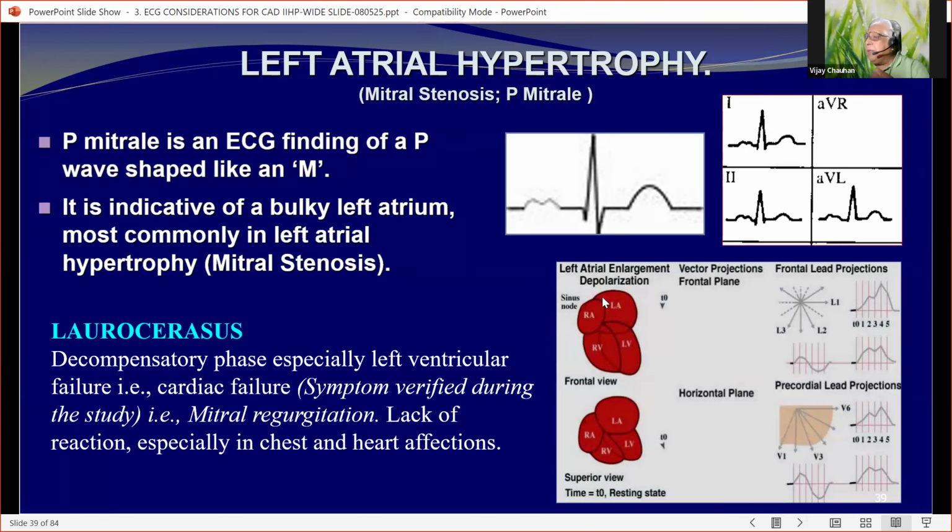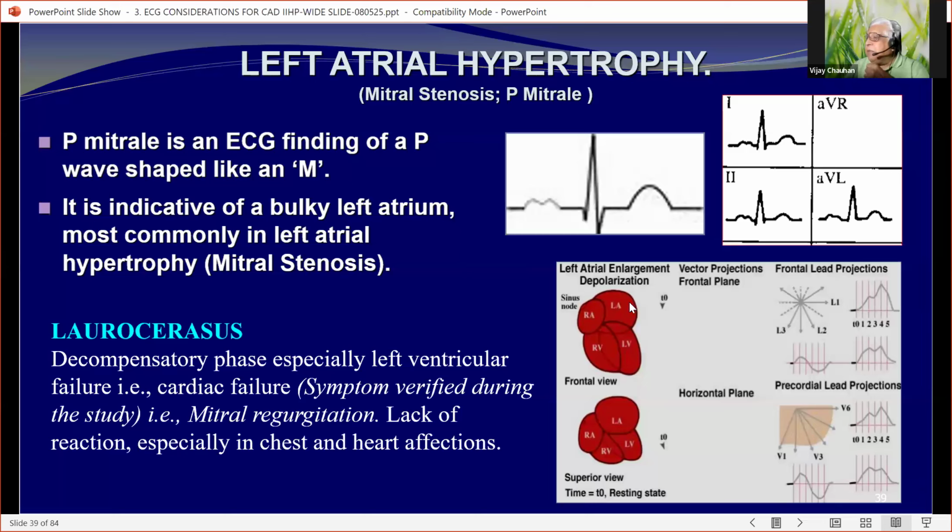Now, this particular area, you can see this is right atrium, this is left atrium, right ventricle, and left ventricle. All the both chambers, they have the equal volume. Please remember, their volume is same.